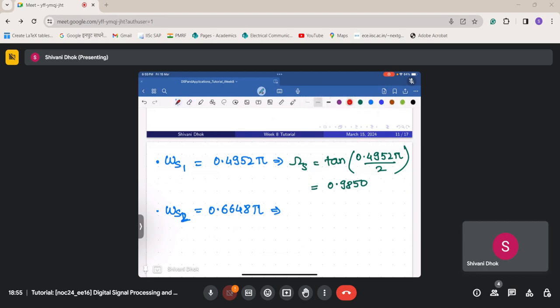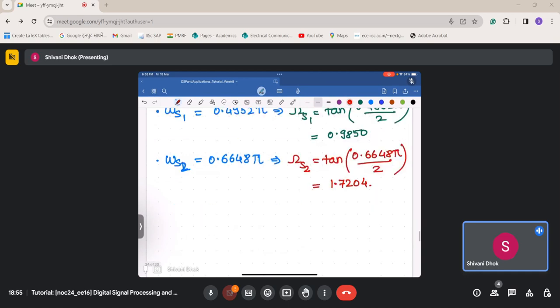You wrote it as S2. Thanks. Okay. And this omega s2 is equal to tan of 0.6648 pi divided by 2, and this comes out to be equal to 1.720.